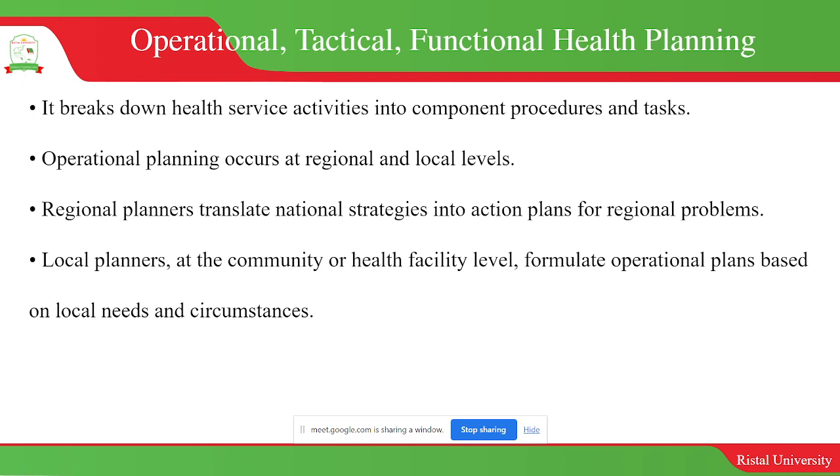Okay, so with tactical plans, you basically make sure that you have broken down the tasks into smaller components, and then lay down the procedures on how these tasks will be accomplished, or performed.